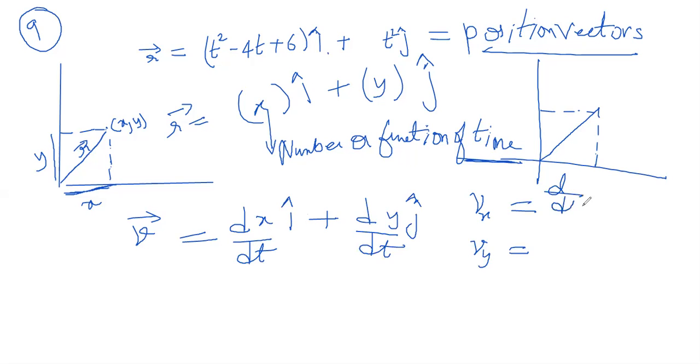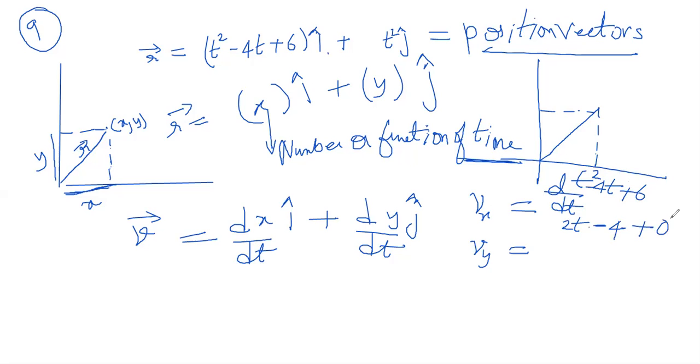V bar is nothing but d by dt of x i cap plus d by dt of y j cap. So what is d by dt of x? This whole thing. What is written here? Write that. t square minus 4t plus 6. The differential of this, what will be the answer? 2t minus 4 plus 0. Is it or not?